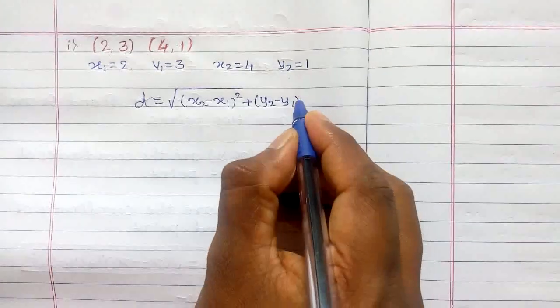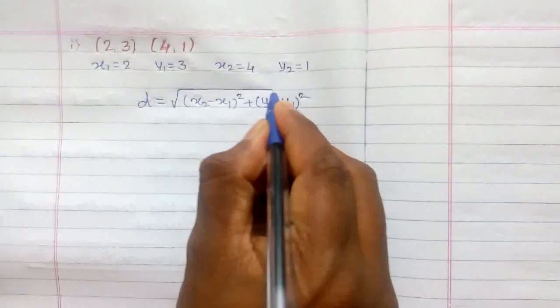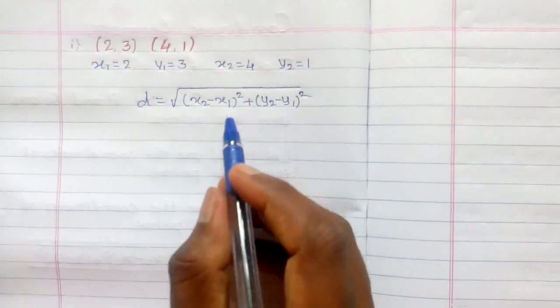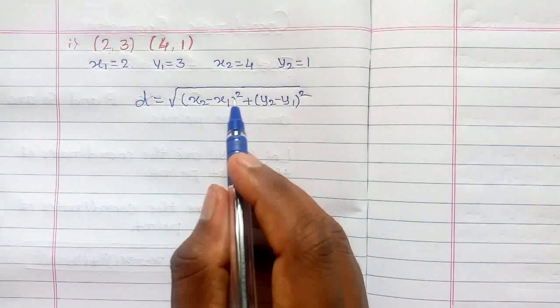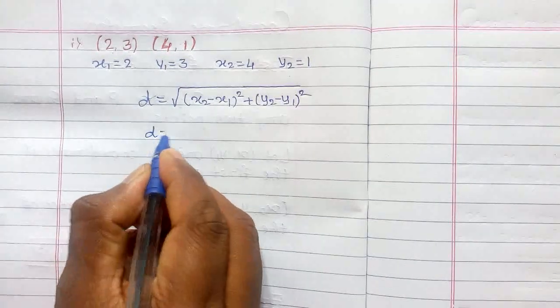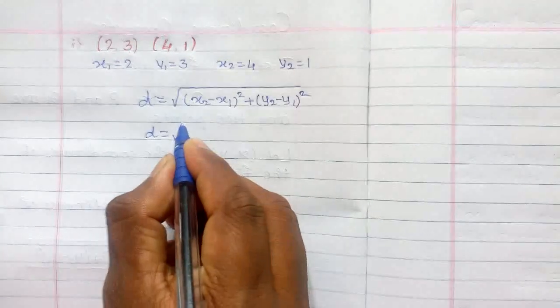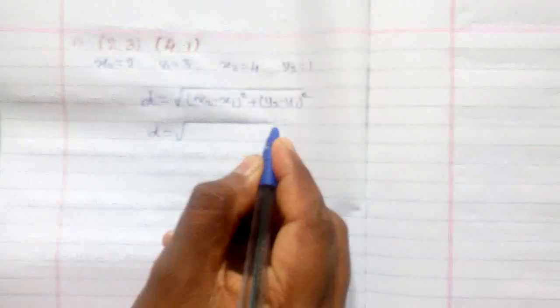Here it is the formula to find the distance between 2 points. Now we know the values of x1, y1 and x2, y2.